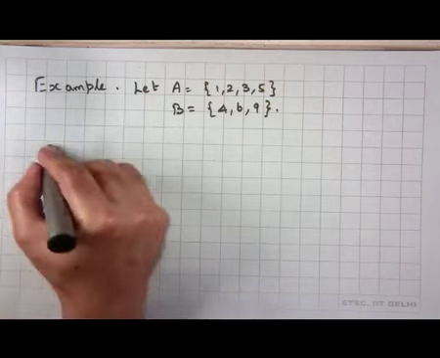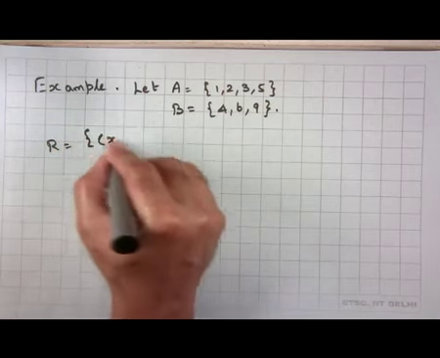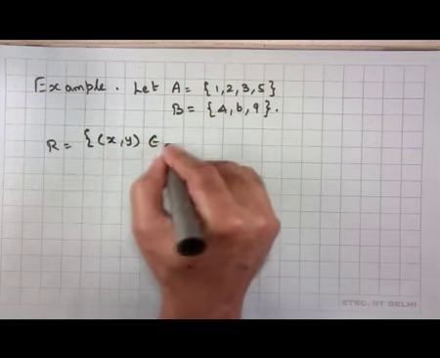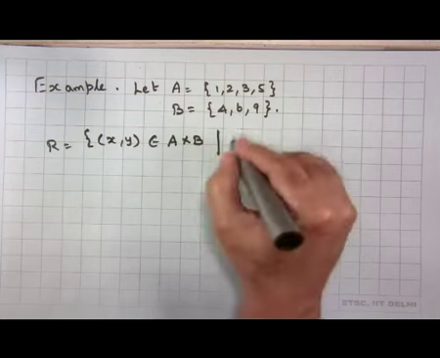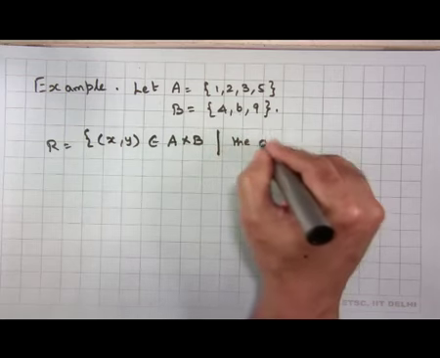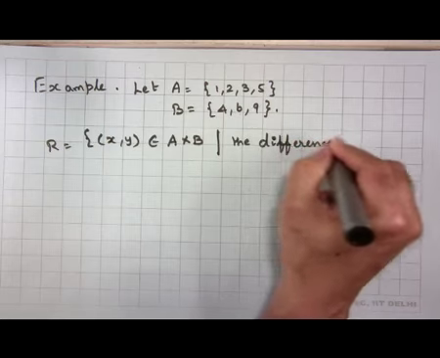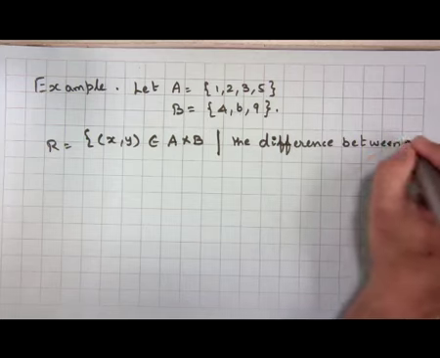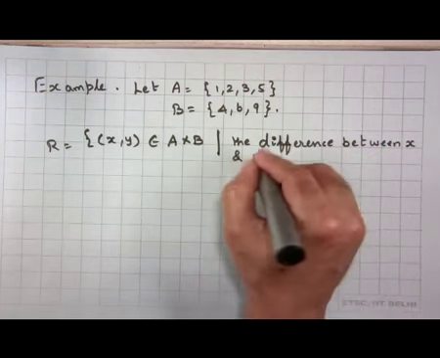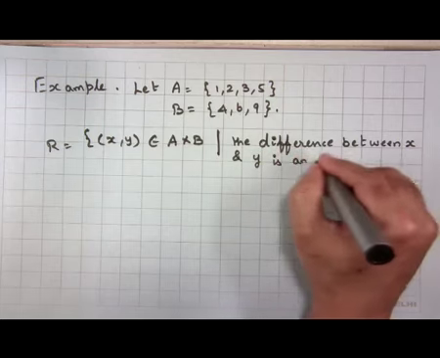Let me define R as all those (x, y) in A cross B with the condition that the difference between x and y is an odd number.